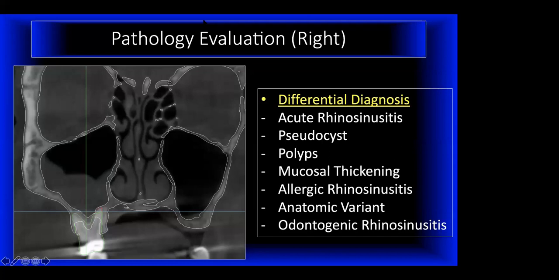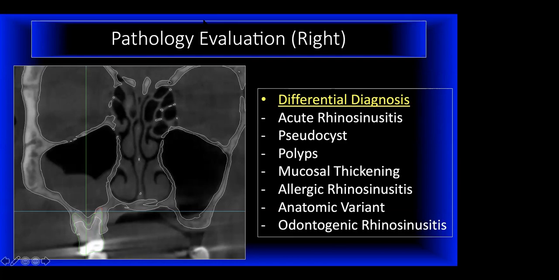Polyps, it could be polyposis, which is consistent with seasonal allergies. However, polyps almost always start up by the ostium, right under the eye there, and then they work their way down. And they're usually more polypoid and multilocular, so I don't think that's a polyp. Mucosal thickening, it could be mucosal thickening, similar to the other side, just a more severe case of it.